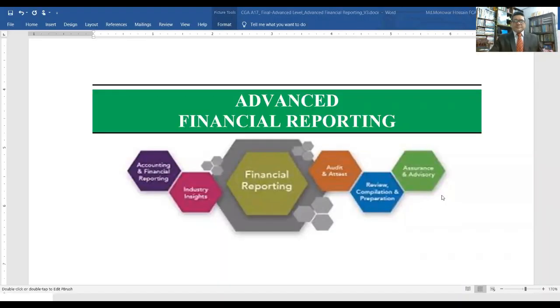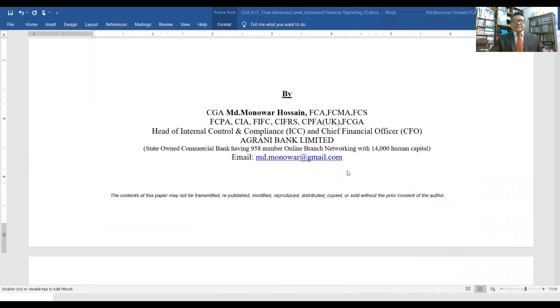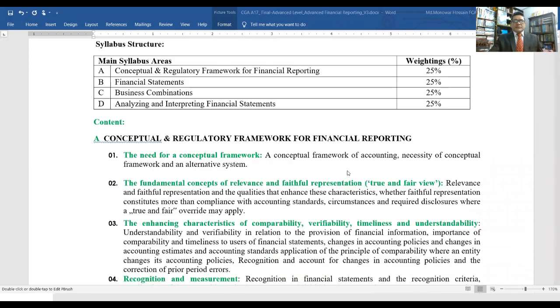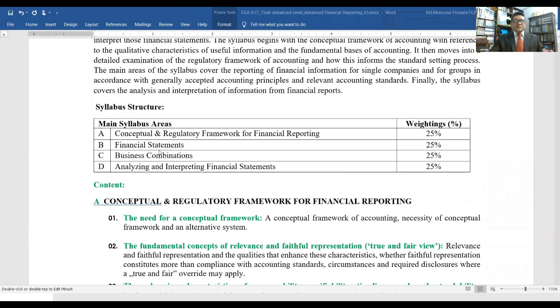Today, we are starting a new topic, Advanced Financial Management. So let's start. Advanced Financial Reporting. Financial reporting is essential for the business as well as everywhere.